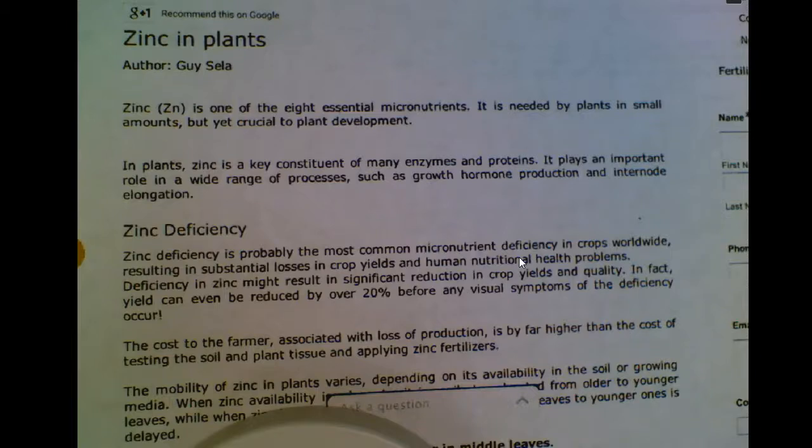So in plants, zinc is a key constituent of enzymes and proteins, and it plays a role in growth hormone production and internode elongation. So zinc deficiency is one of the most common micronutrient deficiencies in crops worldwide. So we can get some losses in crop yields and therefore human nutritional health problems.